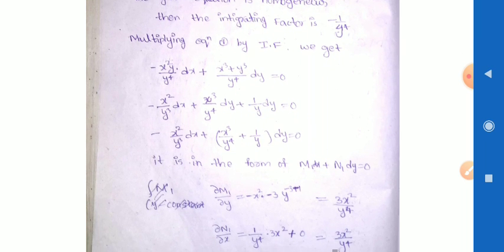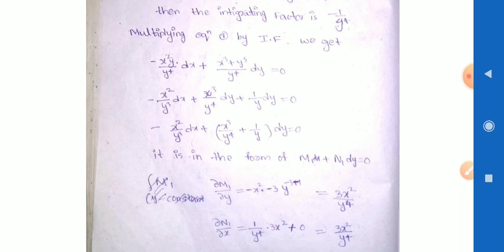Once again I am checking. See here, the M1 value is −x²/y³. Doing partial differentiation with respect to y, we get ∂M1/∂y = −x² × (−3) × y^(−3−1), which equals 3x²/y⁴.